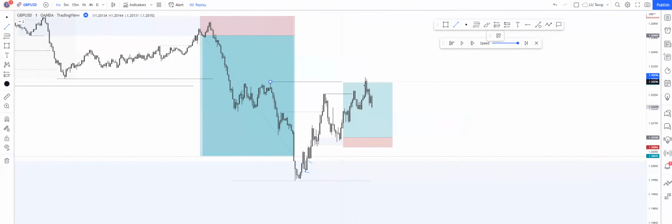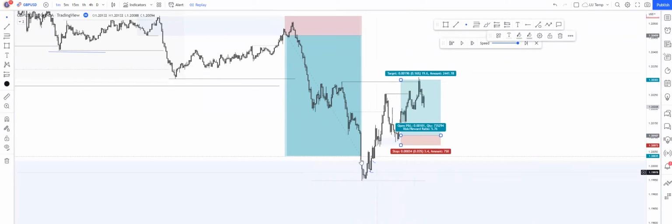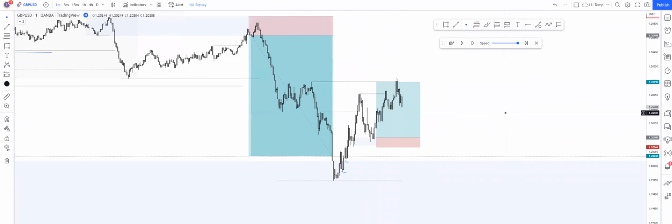So if you didn't understand where you're coming from on the higher time frame, you'll probably go short here, which is nothing wrong, you did get the reaction. Then you have the trap pretty much right there.